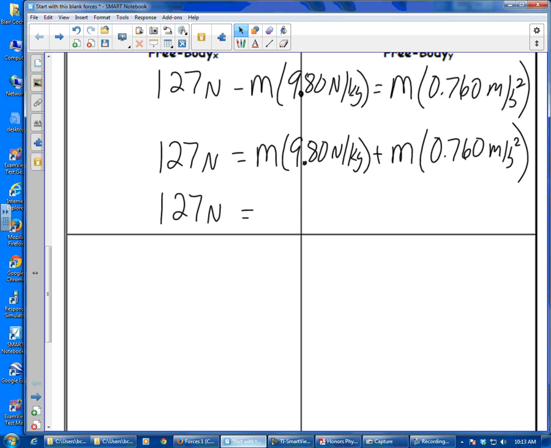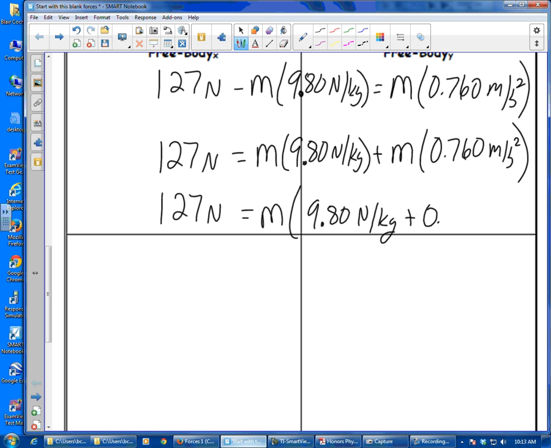Okay. My next mathematical step here would be to factor m out of both of these. So I'm left with 9.80 newtons per kilogram plus 0.760 meters per second squared. Now, newtons per kilogram and meters per second squared are really the same units. That's why we can add those two together.